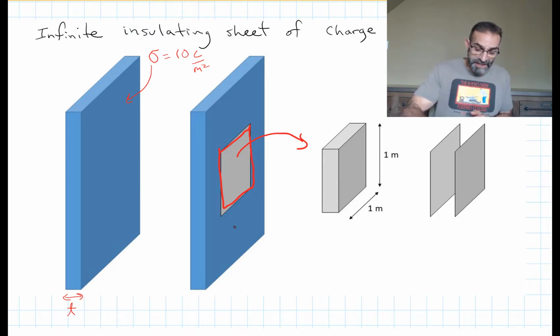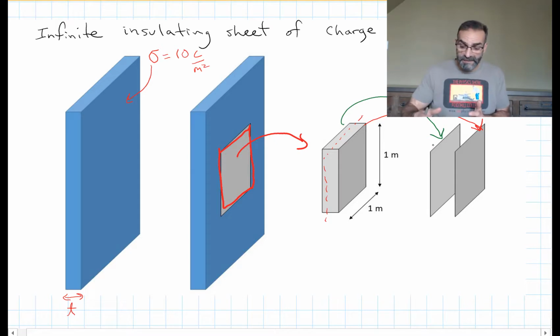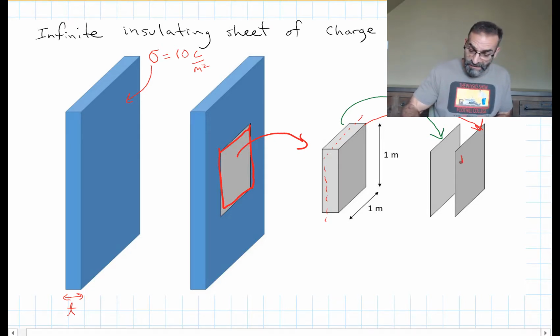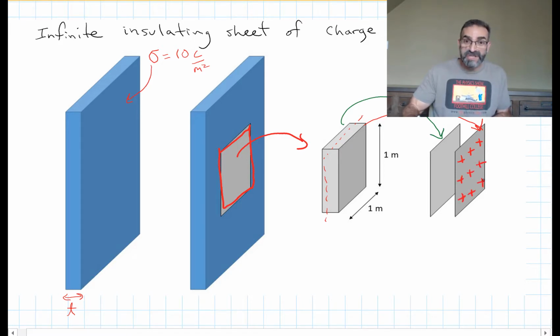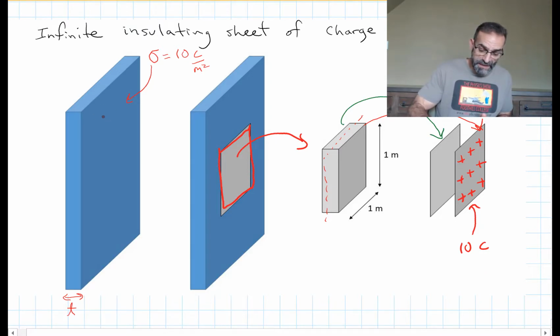And if I could magically split it down the middle so that one side is over here and the other side is over here, there would be some charge over here on this surface. How much charge would there be on that surface? 10 coulombs of charge, because this is 1 square meter, and I put 10 coulombs per square meter on this surface.